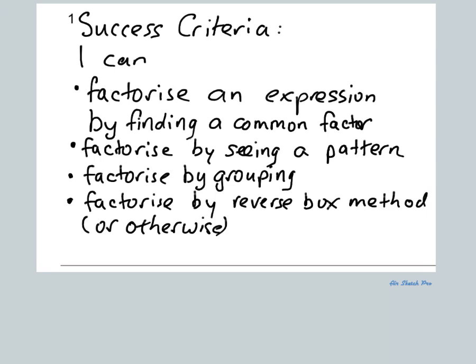We have difference of two squares, where A plus or minus B times A minus or plus B, operations changed order, is equal to A squared minus B squared. Okay, so if it's a plus to start with, it's a minus to end with. If it's a minus to start with, it's a plus to end with. And then the expansion is A squared minus B squared.